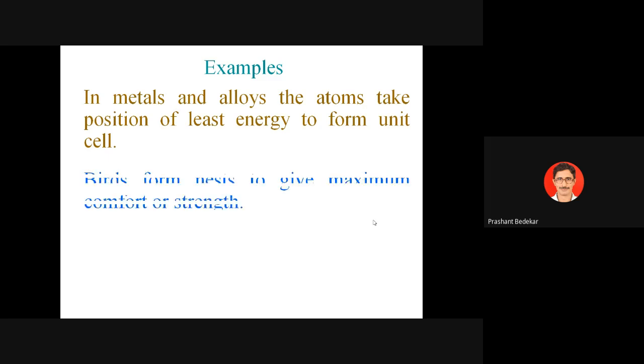If you see birds forming nests, they will try to do two things, multi-objective optimization. They will pick up some sticks, some feathers. They try to maximize the strength as well as the comfort. So this is an example of optimization from nature.